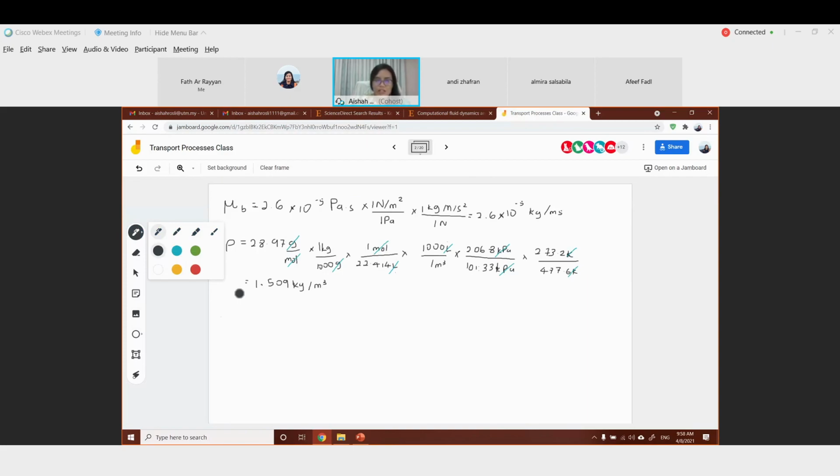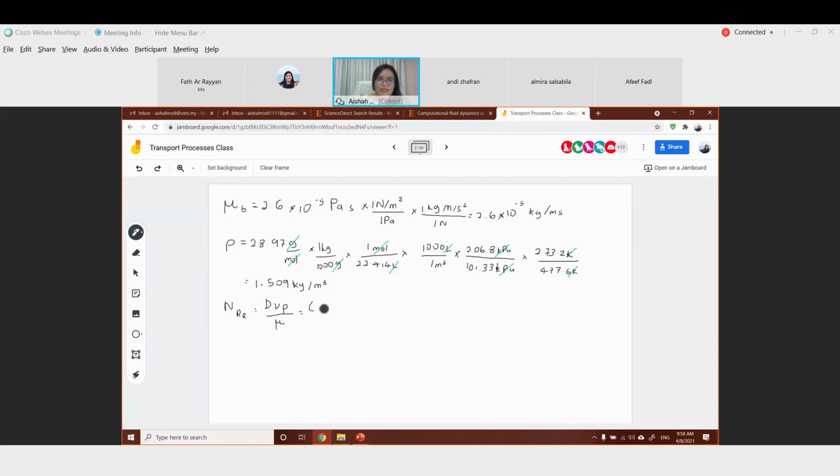Now that we have the density, we can go ahead and calculate the Reynolds number. Before we calculate, can anyone tell me why we need to know the Reynolds number? Not quite, not for comparison, but because we need to know whether the flow is laminar or turbulent.